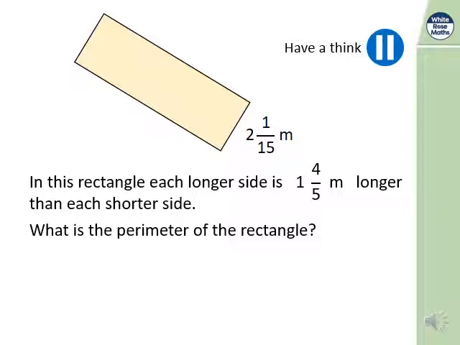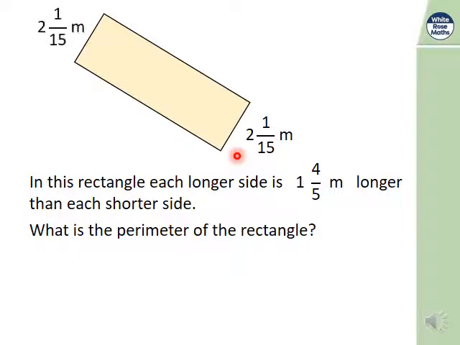Let's have a look and see what we would have done. So if we know that this side is 2 1/15 of a meter long, then the other side will be 2 1/15 of a meter. And it says in the statement, each longer side is 1 4/5 of a meter longer. So to find the length of that, we should have got our shorter side and added 1 and 4/5 to it.